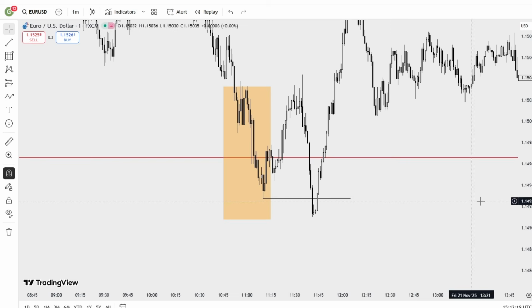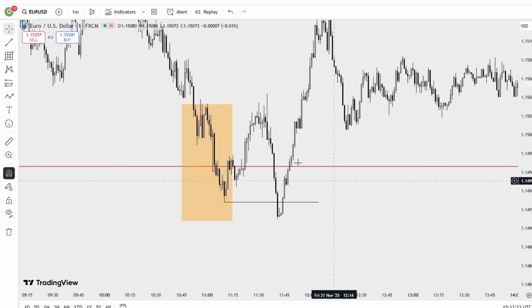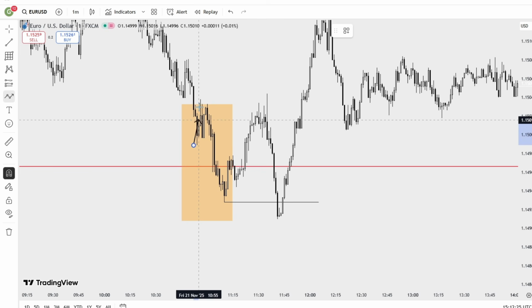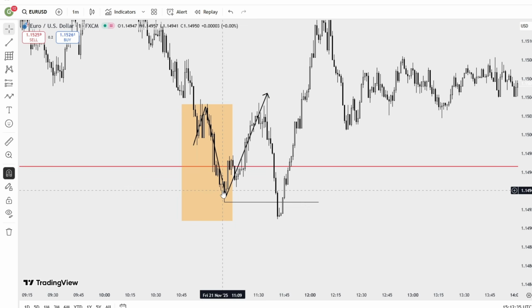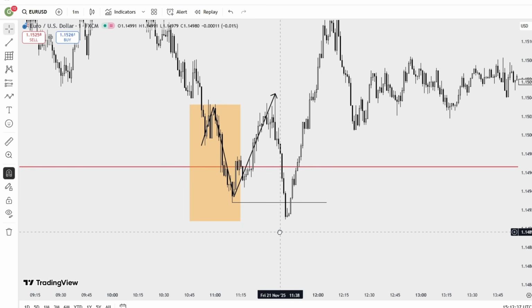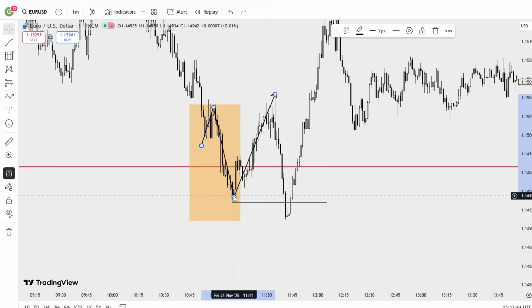And how can I tell you it is a valid low or valid high? Simply because you created a low here, and then you took a high. So this low becomes an external liquidity. This is what you're looking for, a sweep of external liquidity low, of course in a lower time frame, right?